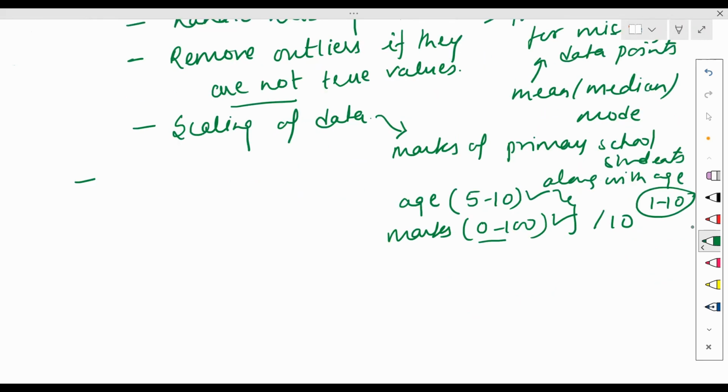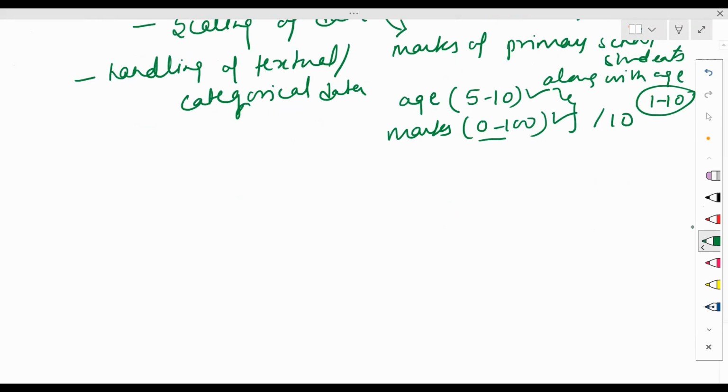Other crucial step that is done under data pre-processing is handling of textual data. If we have some feature where the color is the value, now the values will be like red, blue, green, like that. But our machine learning algorithms can't understand these values.